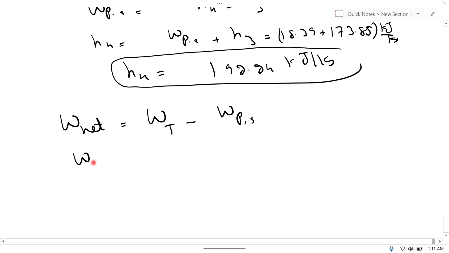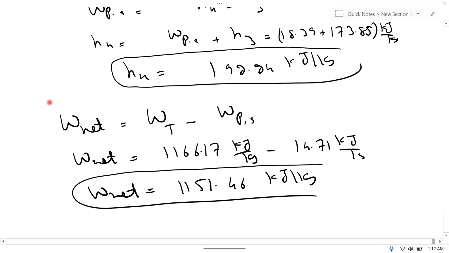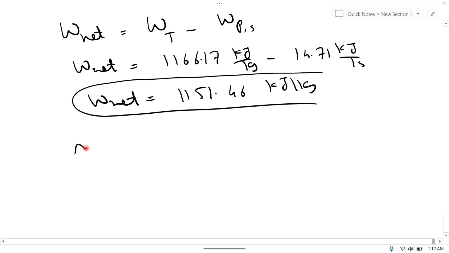So net work is equal to the work of the turbine, which is 1166.17 kilojoule per kg, minus the work of the pump, which is 14.71 kilojoule per kg. So net work is equal to 1151.46 kilojoule per kg.